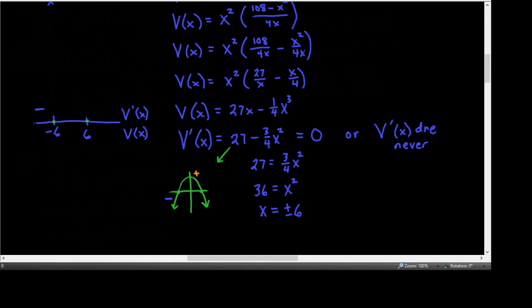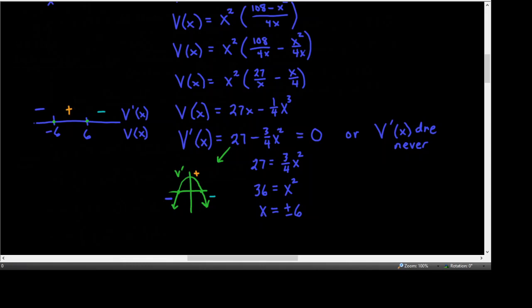So that means that between -6 and 6, the answers will be positive. And then finally, to the right of 6, these answers are negative because they're below the x-axis, which means that everything to the right of 6 will have negative answers for V prime, because this is the graph of V prime. And what this plus and minus means is what kind of V prime y values you are getting.